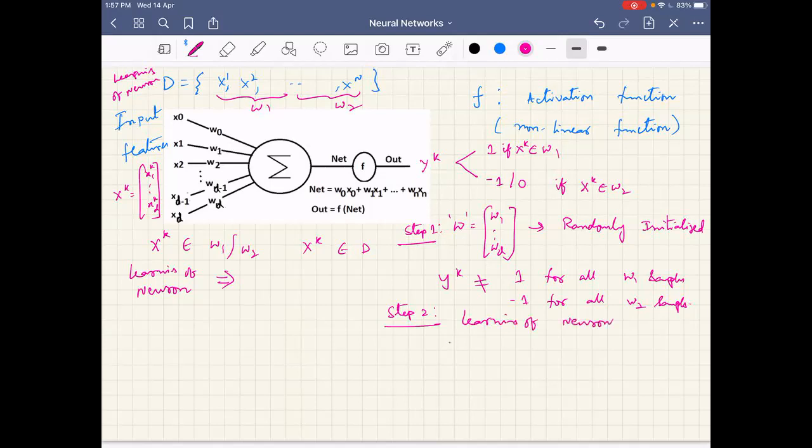Learning of neuron means identifying the weights that are more appropriate such that all omega-1 class samples, when I give them at the input, belong to omega-1, and all omega-2 samples, when they are given as input to the model, get classified to omega-2 class. That means learning of model means learning the weight vector, or identifying appropriate weights.